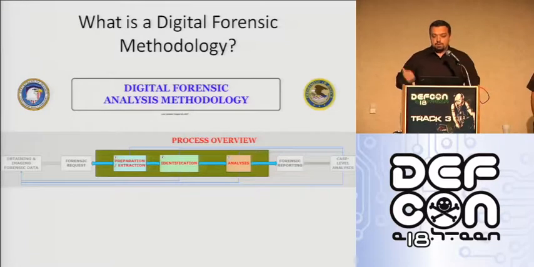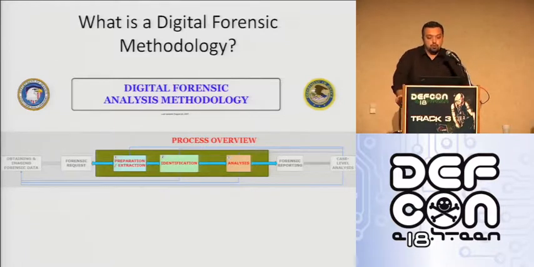So a couple other methodologies that we looked at, really what's the digital forensic methodology. The Department of Justice has a pretty good process overview. They outline 7 different processes there that they want to use in their methodology.